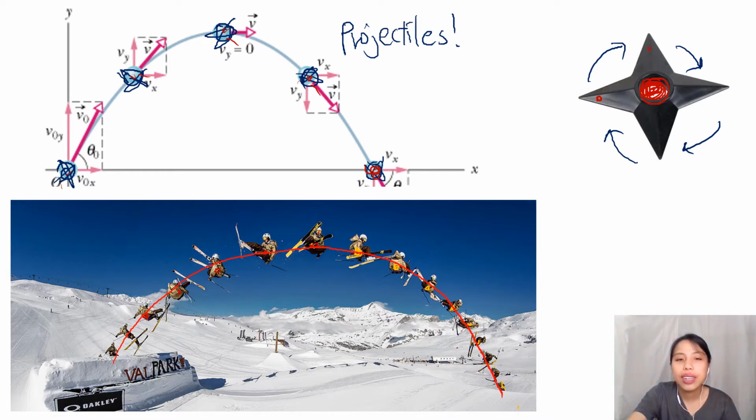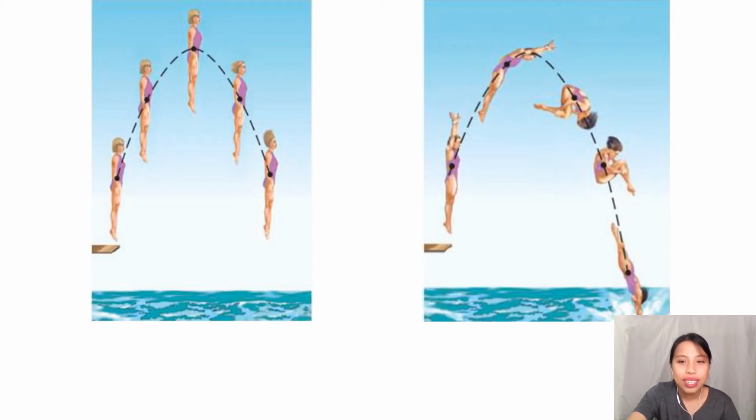Now let's take a final look. Same picture, but two of the same kind together. Notice these two. What's the difference between these divers jumping off the diving board? On the left side, the fellow just jumps straight up and in. On the right side, this person jumps but does some fancy spin. One only has translational motion, meaning up, down, left, right.